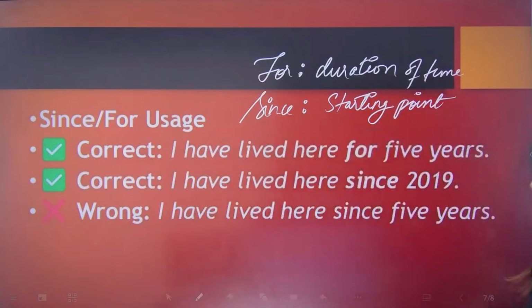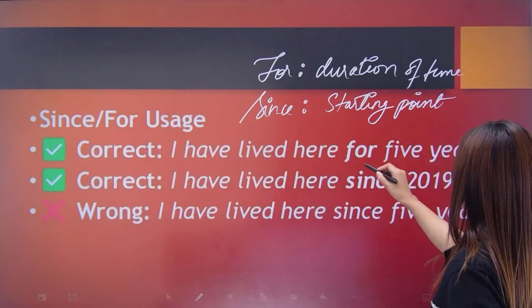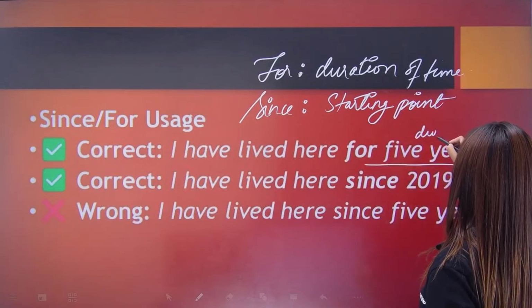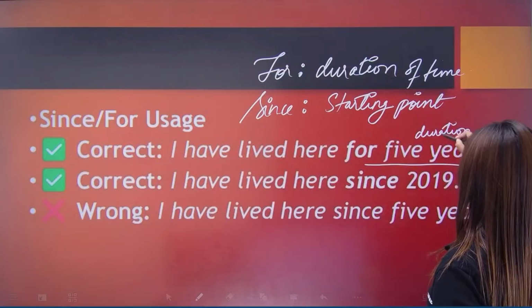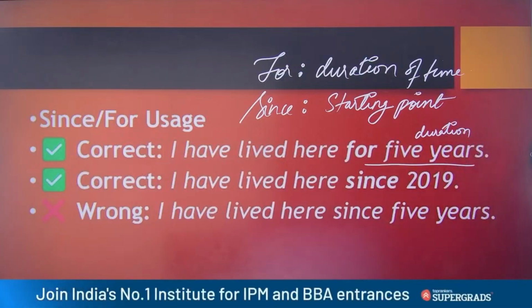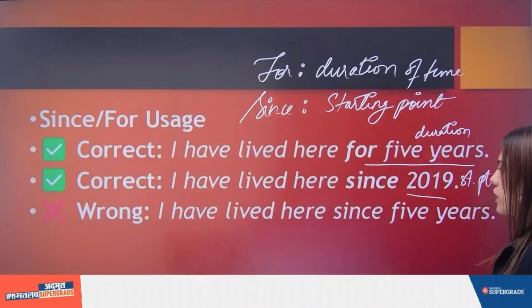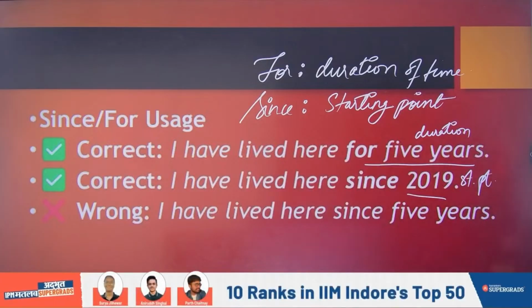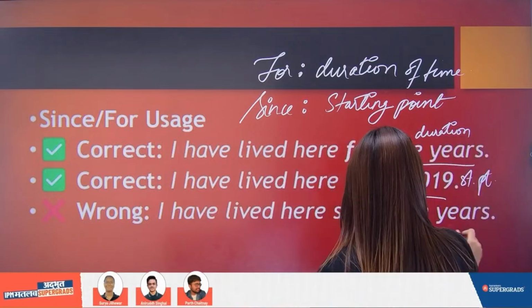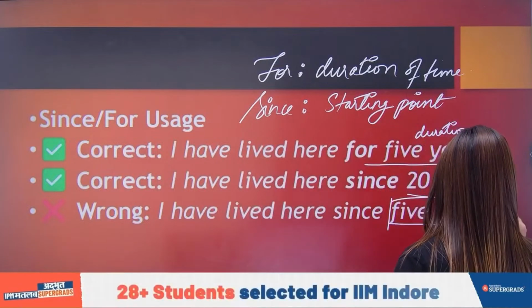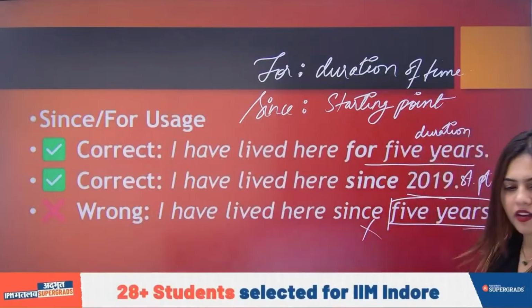Look at these sentences. I have lived here for 5 years. The duration is known, and that is why this is correct. I have lived here since 2009. This is the starting point, so this is also correct. But if you see a sentence, I have lived here since 5 years, we can't mix a starting point with duration.